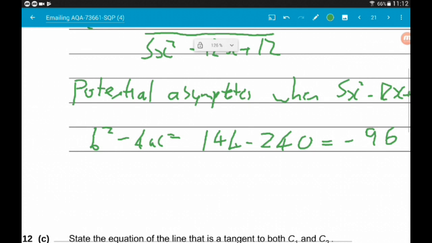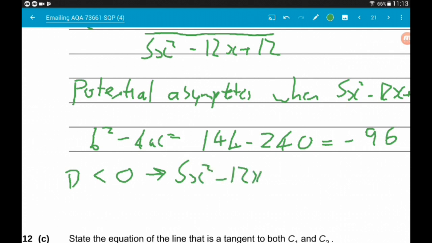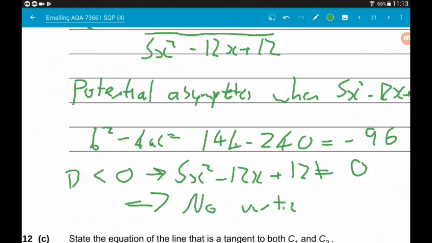So the discriminant is less than 0, so the denominator 5x squared minus 12x plus 12 is never equal to 0, which means no vertical asymptotes. Cool.